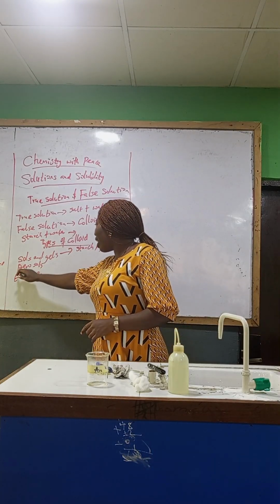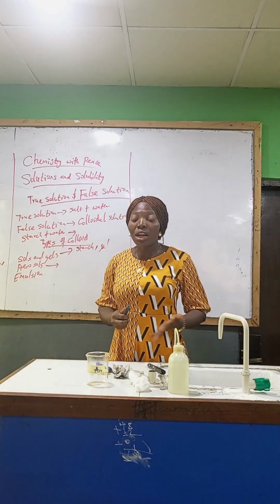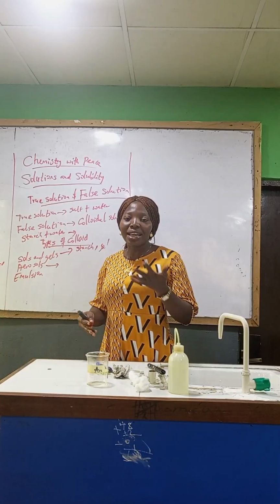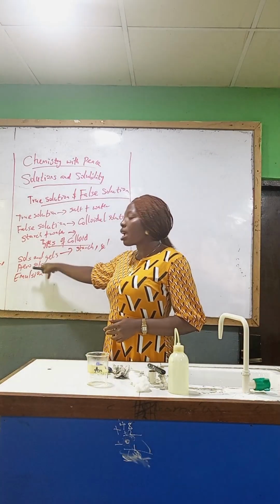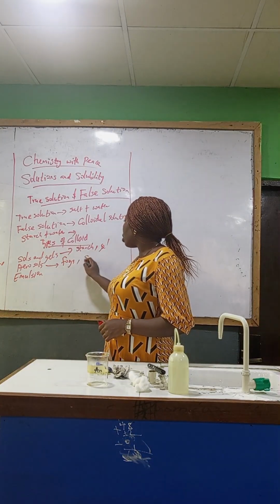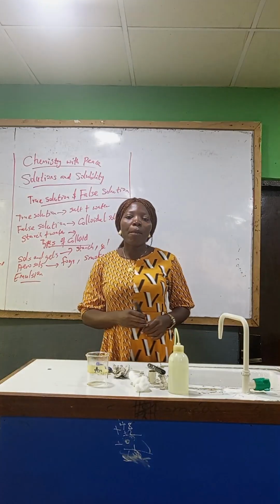Then another one, we have aerosols. Aerosols is a colloidal solution that is formed when liquid is dispersed in gas. When liquid is dispersed in gas, we form aerosols. Under it, we have fog, we have smoke. Then the next one, emulsion.